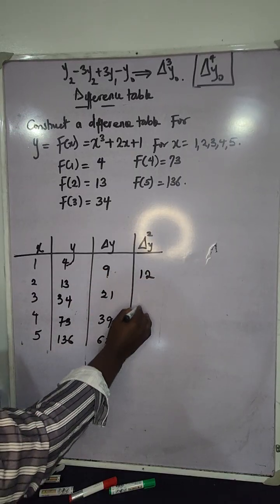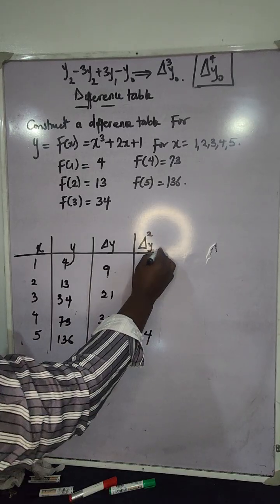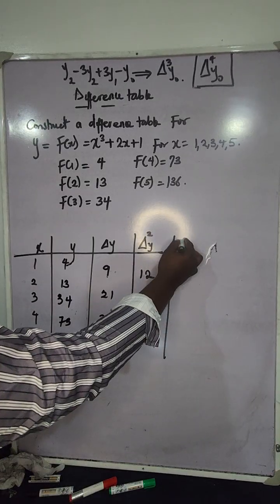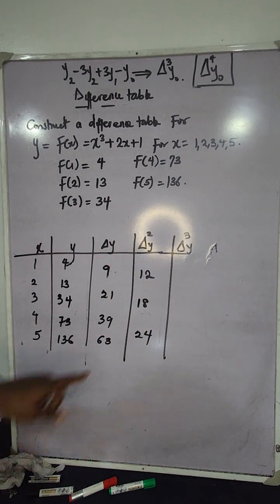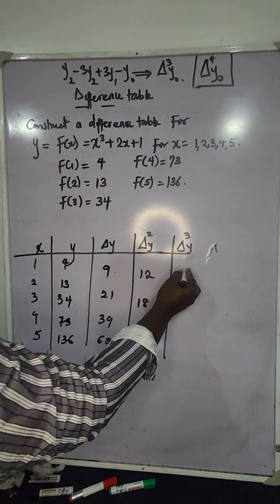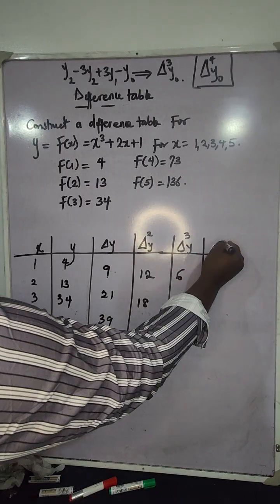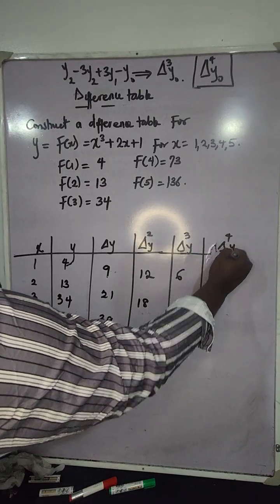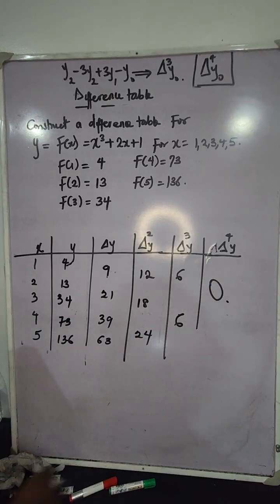This minus this, we have 18. This minus this, we have 24. Again, we move again. We have forward difference cubed of y. So this minus this is 6. This minus this is 6. And then at the end, we have the forward difference to the power of 4 of y. This minus this is 0.